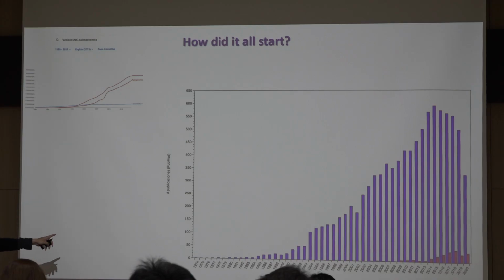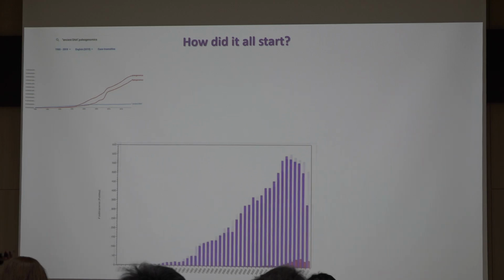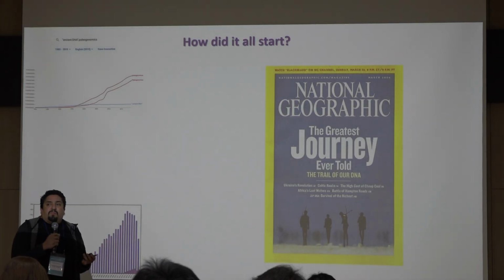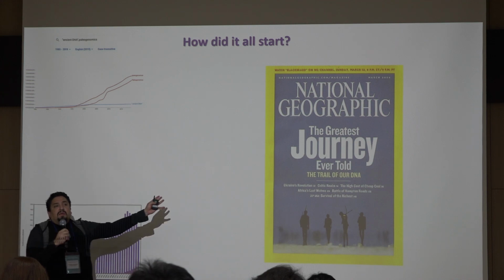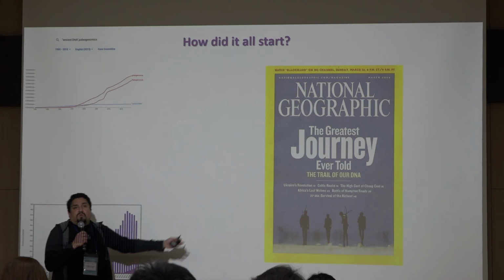This is just until the end of last decade. This is not cumulative, so every year there are more and more papers coming from the field of ancient DNA. And people have a lot of interest in these stories, because it's basically the story of our species, our own story.